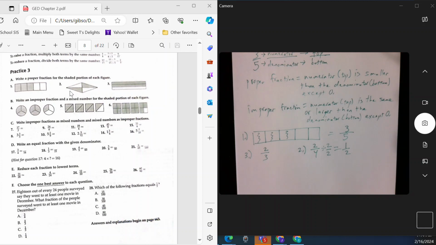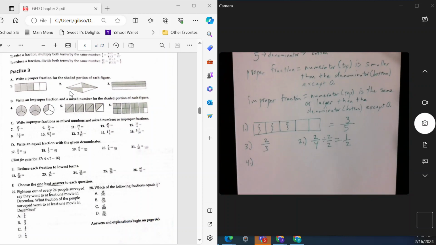Okay, now we look down here, problem number 4. It says write an improper fraction and a mixed number for the shaded portion of each figure. You notice we have more than one figure here, but they're all cut the same. I'm just saying it's 3 in each.